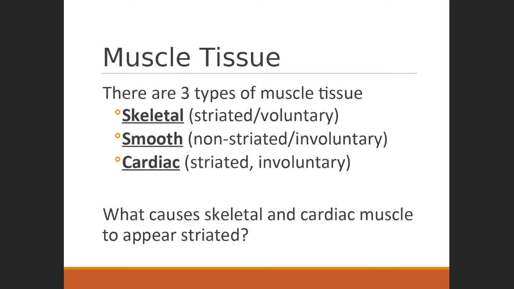Smooth muscle gets part of its name from the fact that it is non-striated. It looks smooth as opposed to the rippled appearance that you see with striated tissue. But it's also involuntary. You have no active control over the contractions and relaxations of smooth tissue that will make blood vessels constrict and dilate. Cardiac will be striated.